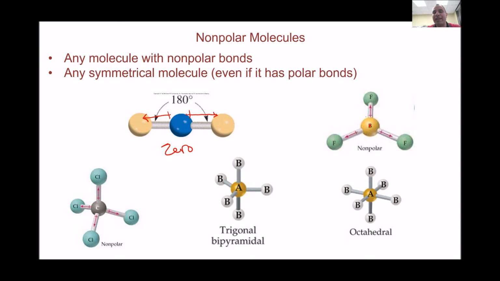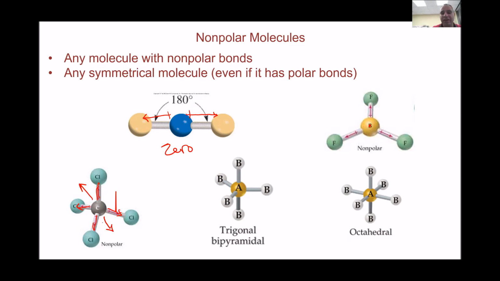So overall, they will cancel each other, and the molecule will have zero dipole moment or will become nonpolar. Same thing will happen in case of a tetrahedral. You can imagine that those two, for example, are pulling in this direction with an overall force in this direction, and those two are pulling in the opposite direction with the same force. So overall, the dipole moment is going to be zero on the central atom.